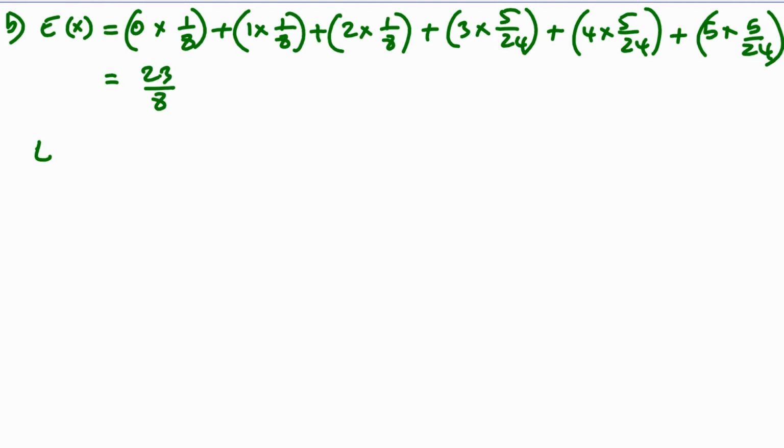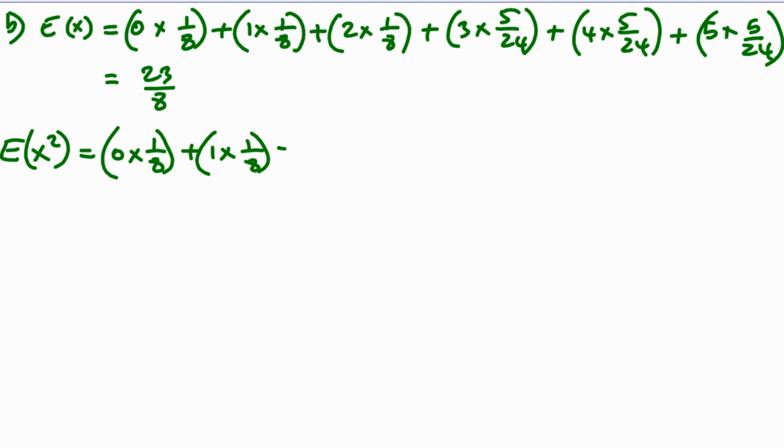And then the mean of squares here will be equal to 0 multiplied by 1 over 8, plus 1 multiplied by 1 over 8, plus 4 multiplied by 1 over 8.